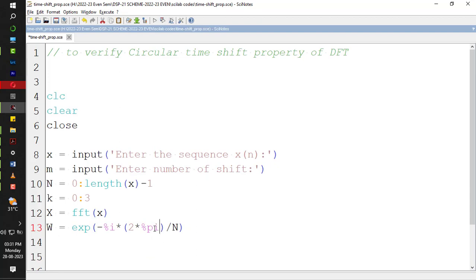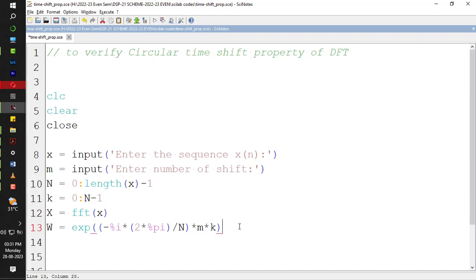The 2 in our case is m, so we put one more bracket here into m into k. So m is defined, number of shift; k is defined, varying from 0 to not 3, actually n minus 1, right? And 2 pi is a constant and j is a constant.